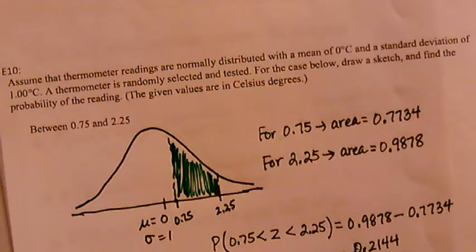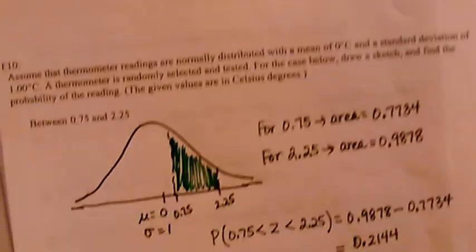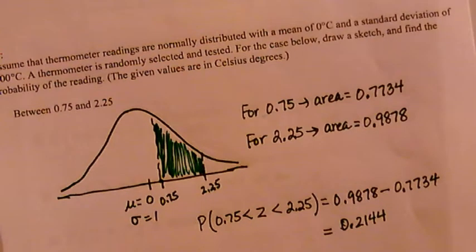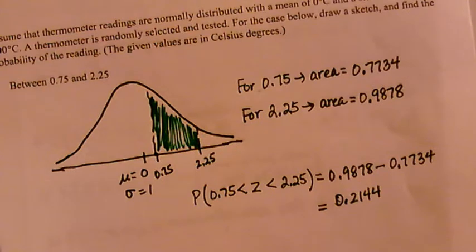So now if you subtract 0.7734 from 0.9878, you're going to get 0.2144. So in this case here, the probability that a thermometer randomly selected and tested would have a reading between 0.75 and 2.25 will be 0.2144.